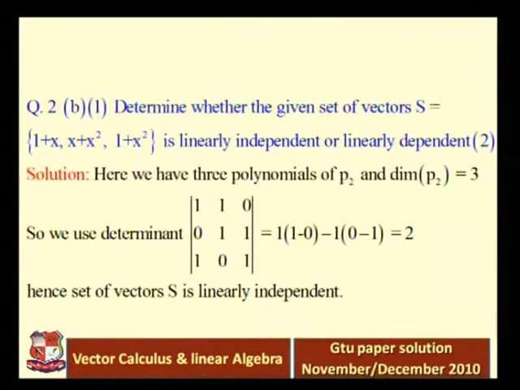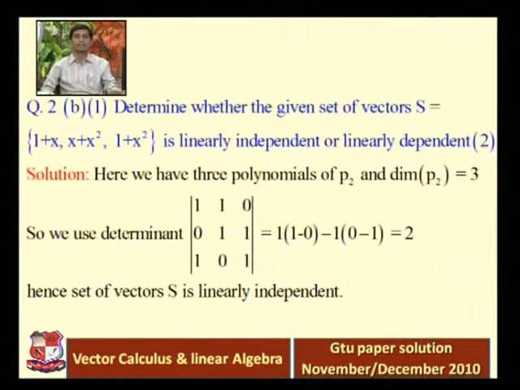Determine whether the given set of vectors S is equal to {1 plus x, x plus x square, 1 plus x square} is linearly independent or linearly dependent.